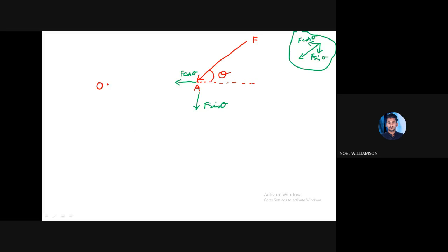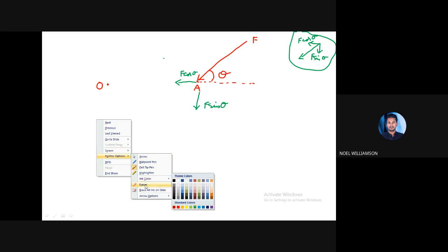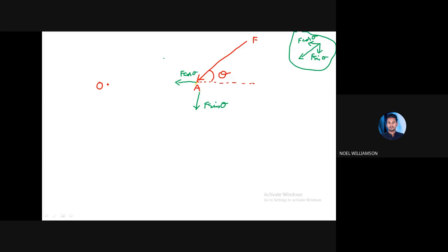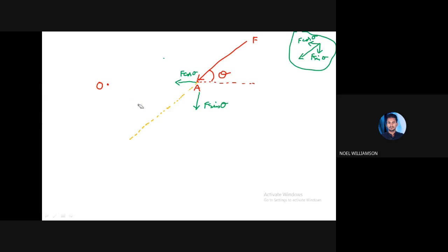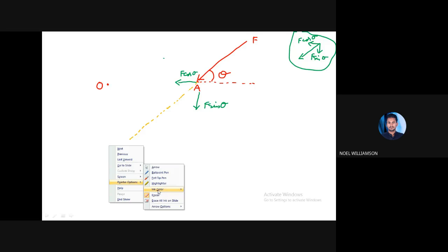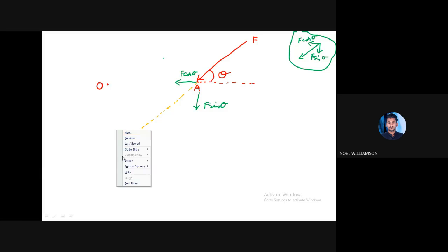Now, suppose this is the line of action of the force, and let this be the vertical distance.